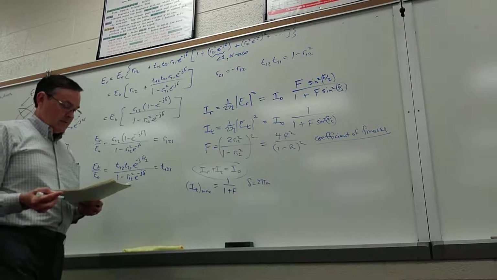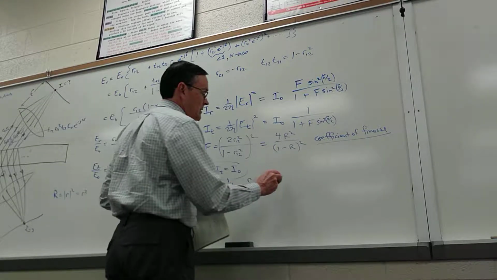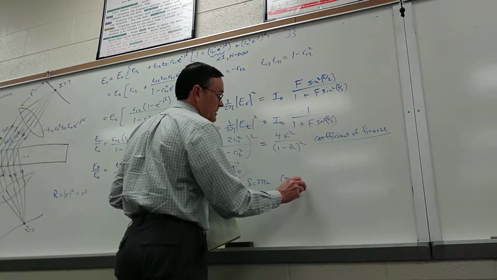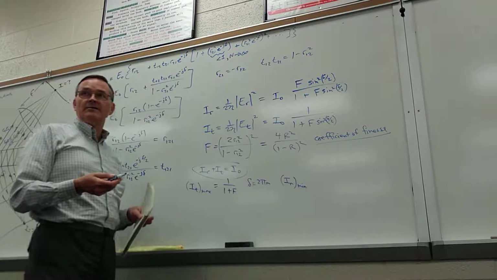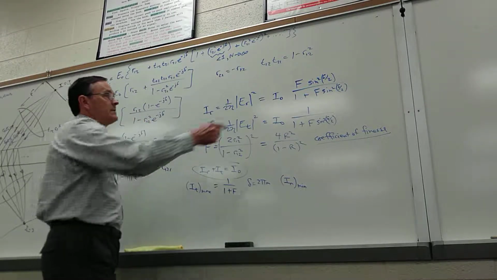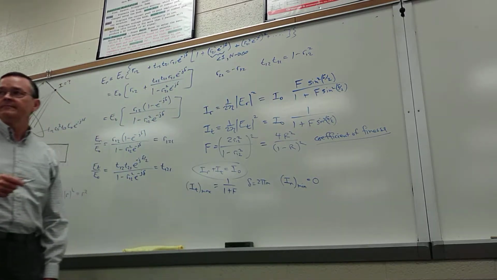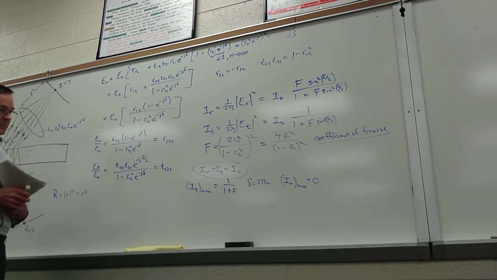Okay, and in that case, the reflected power has to be a minimum then, right? And you look at this and you say, oh, well, yeah, it's a minimum, it's 0. So think about that.